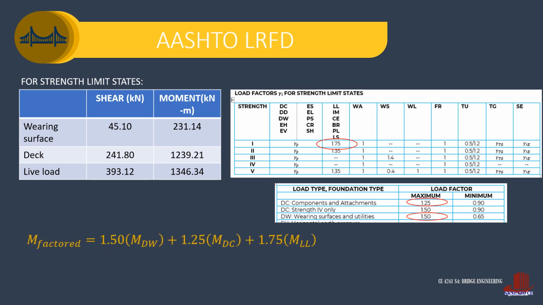The moment also follows the same factors of 1.5, 1.25, and 1.75. The factored moment is 1.5 of 231.14 plus 1.25 of 1,239.21 with 1.75 of 1,346.34, which yields 4,251.82 kilonewton meter.